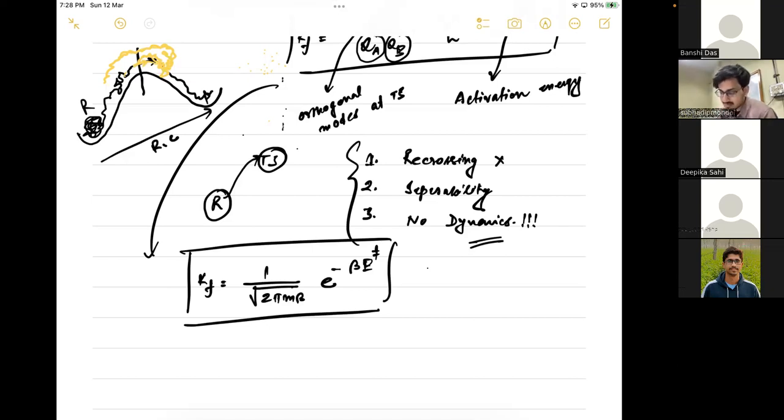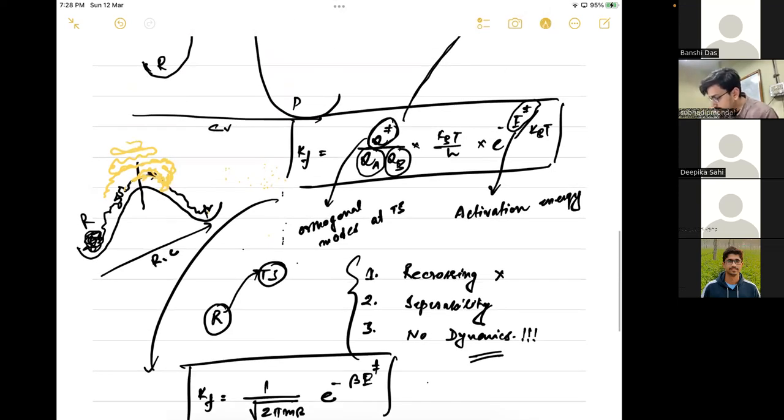But then how does that translate into ignoring all the dynamics? The trajectories after recrossing that go into the product side are fine. But for those trajectories that come back, that recross, and can recross again like this, we are neglecting dynamics.